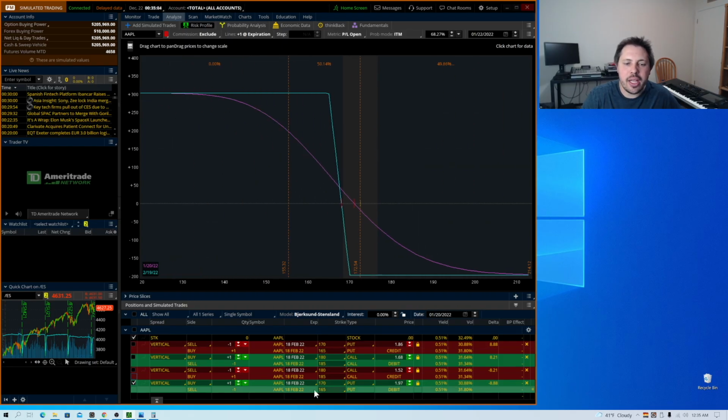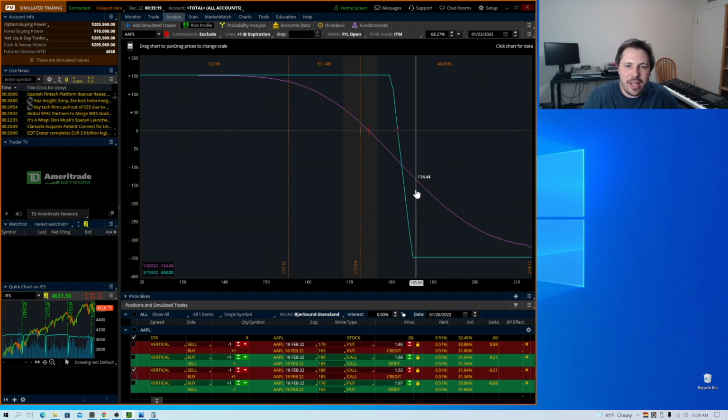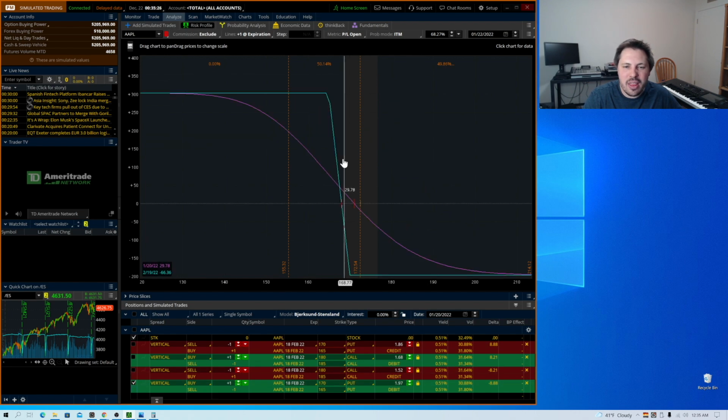So here is our put debit spread. As Apple goes down, we're going to make money. Our risk was 197. Our profit is potentially 303. But remember, here is the call credit spread. Here is the put debit spread. The P&L graphs look very similar.